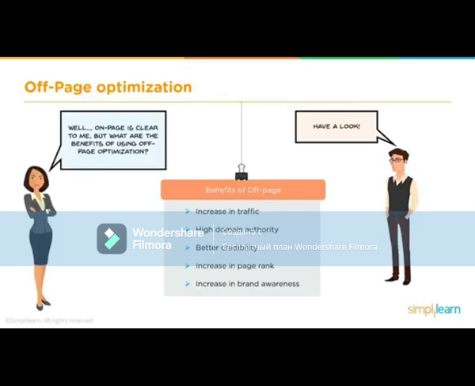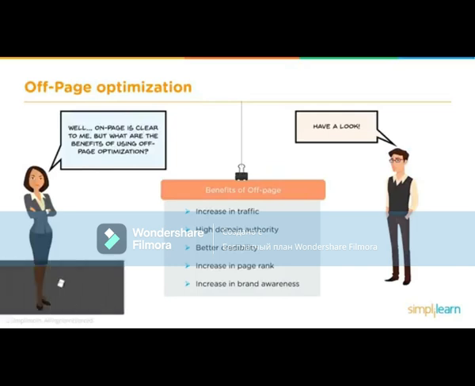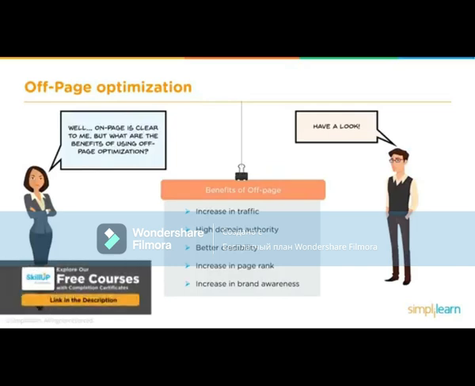And increasing our brand awareness increases our trustworthiness. And so if somebody is looking to, say, become a digital marketing specialist, then likely instead of typing in digital marketing specialist on Google, they may type in our brand name, in this case, Simply Learn.